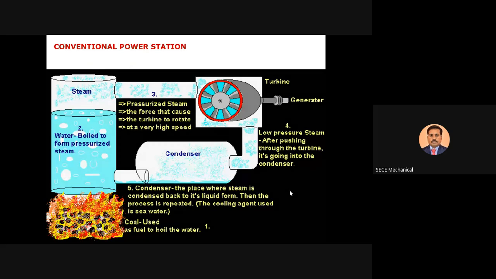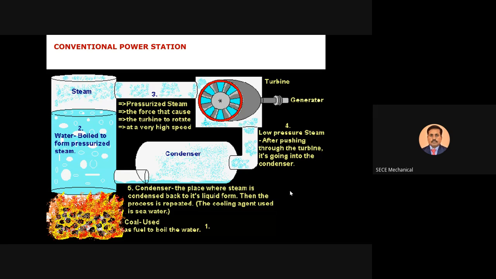In a normal conventional power station, normally coal is fired. With the help of that, water gets heated up and steam is produced. With the help of the steam we can generate power. After that, the hot gases leave the gas turbine. That gas can be utilized for further steam generation, and that will be used for the next power.